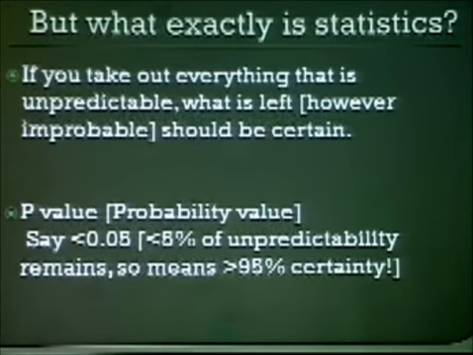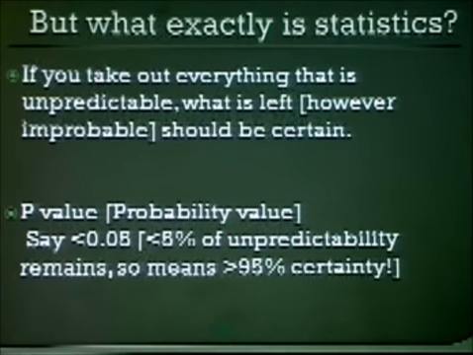For example, if you take p-value, it's a probability value. Say it is less than 0.05. That means your data contains less than 5% unpredictability, which in turn says that more than 95% is certain, is the truth. That is what the p-value means. It gauges the level of predictability in your data.